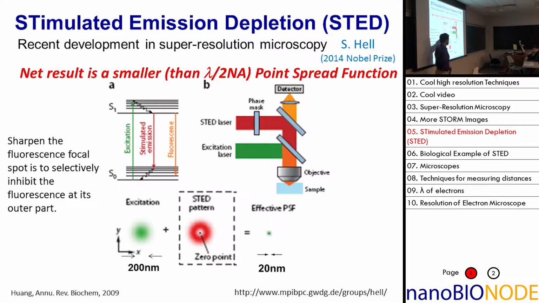You need to hit it with enough power over here to actually stimulate the molecules to come down. And that's non-trivial. You inherently need a lot of light. So this has to be a really powerful laser.